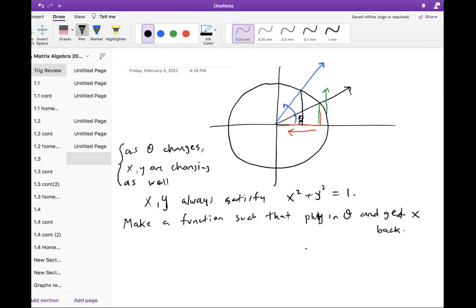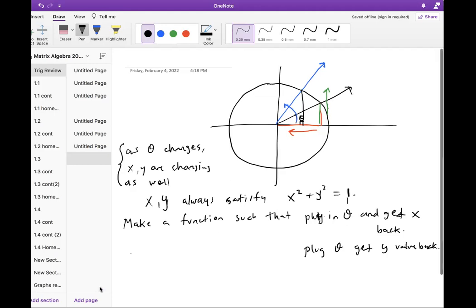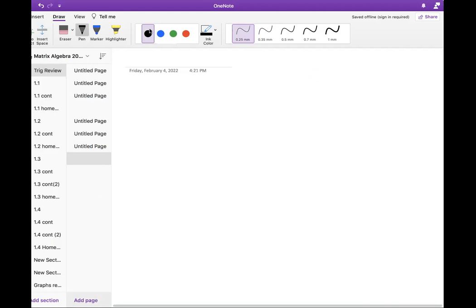Let's make a function so that when you plug in theta you get the y value back. If you can figure out a function that does this, then we can exactly say, if I know what theta is, I know what x and y are. So that's precisely what sine and cosine are.